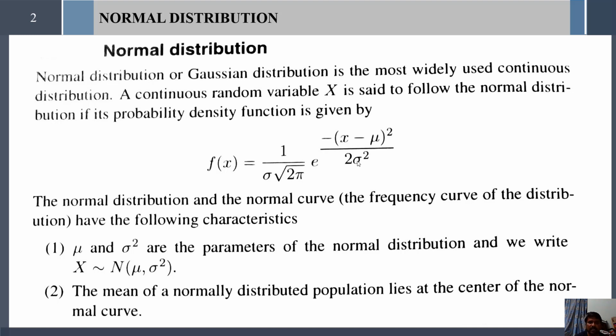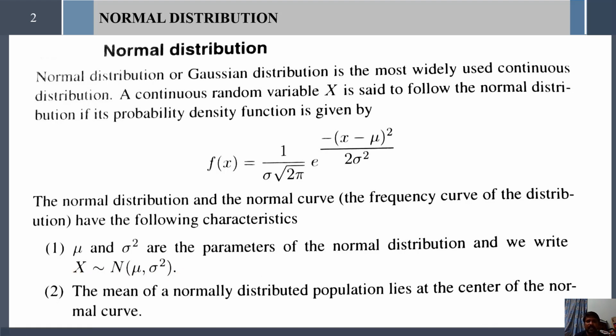Mean mu and sigma square are parameters of normal distribution, and we write mathematically a random variable following normal distribution as X tilde N of mu comma sigma square. So X follows normal distribution with parameters mean mu and variance sigma square. You simply say X follows normal distribution.